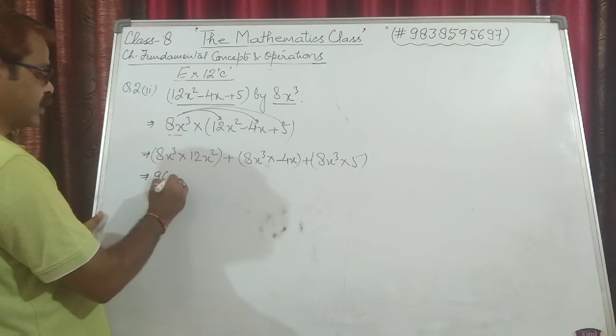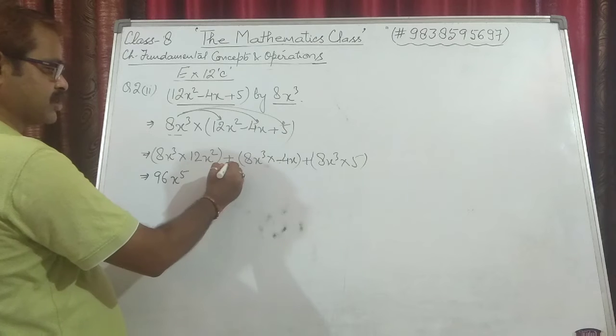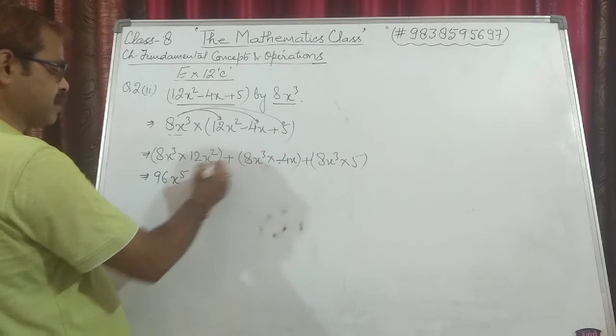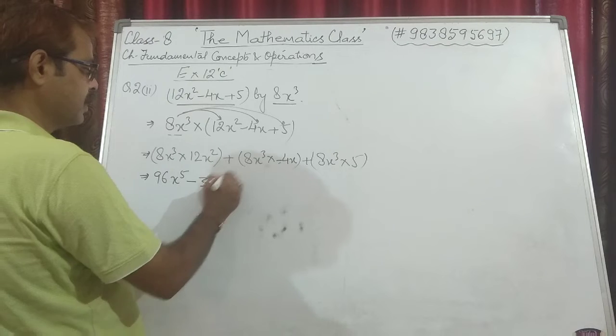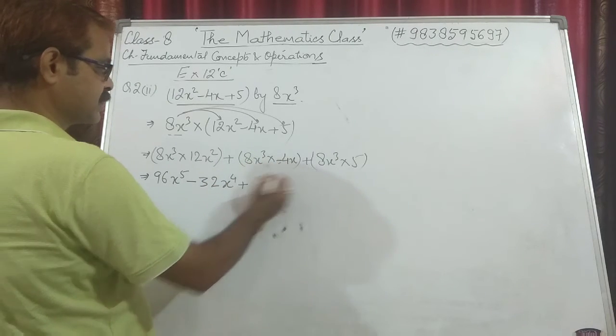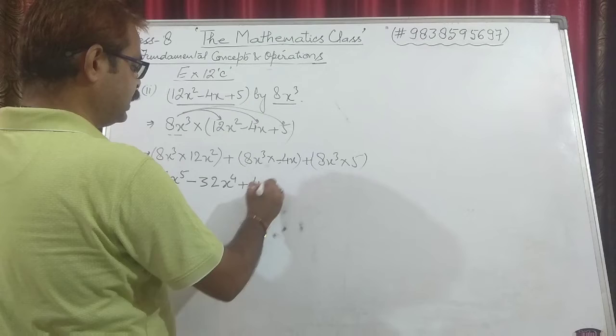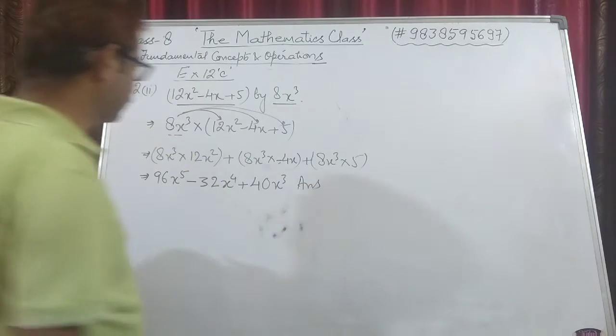X cube into x square is x to the power 5, minus, and this is plus outside, so plus into minus will be minus. 8 4s are 32. X cube into x is x to the power 4, plus 8 5s are 40, x to the power 3. That is the final answer.